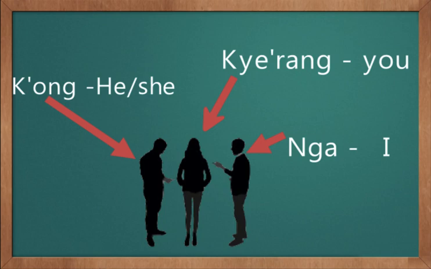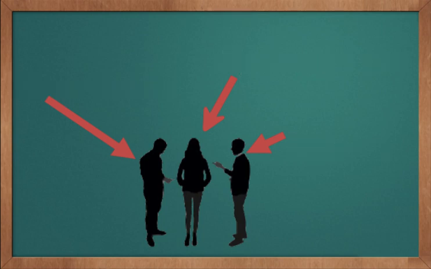So when you say the sentence, I am, we use the linking verb yin in Tibetan. So for I am, it is nga yin. Yin is used only for the first person.